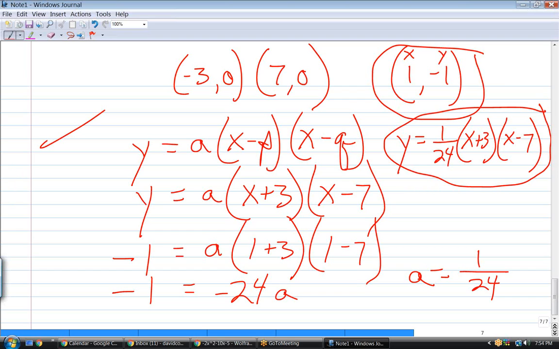But given that they gave you the X-intercepts, it probably makes sense to give the answer in X-intercept format. And again, the only thing you have to solve for is A. And you solve for A by taking the point that they told you and plugging it in for X and Y. Okay.